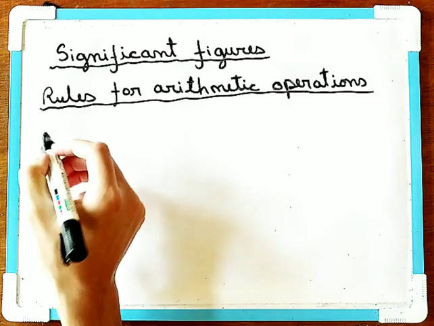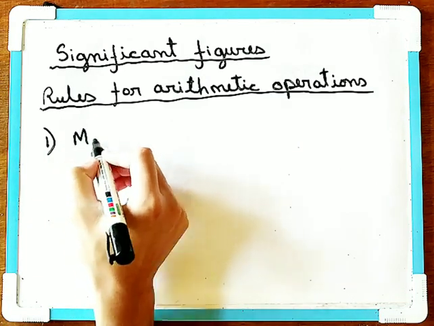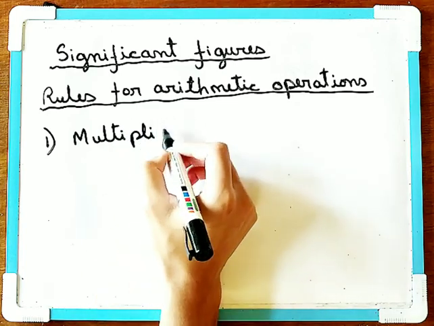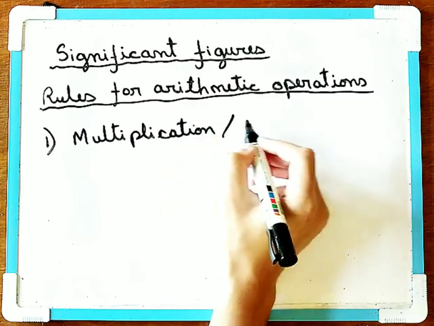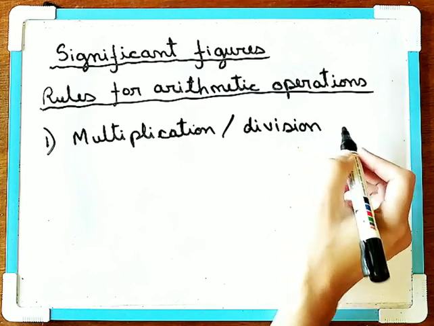So we come to the first rule. This rule 1 is for multiplication or division.